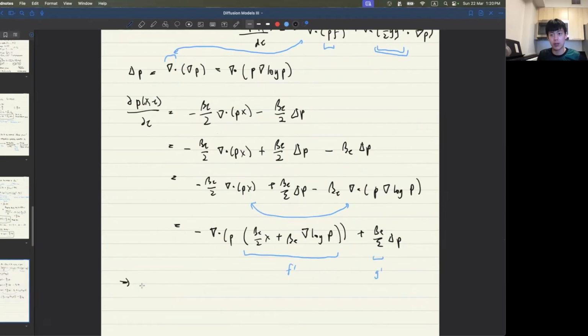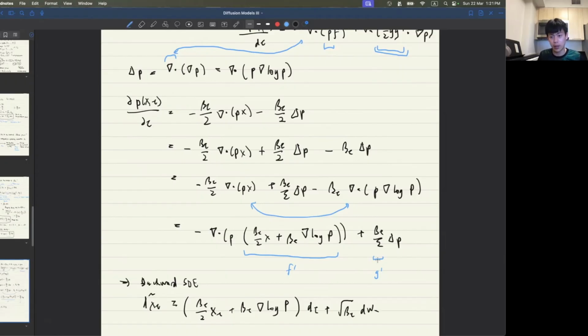And this implies the backward stochastic differential equation as dx_t. Let me write tilde to denote the backward diffusion process. So dx_t tilde is equal to, the f here is this entire term, so this is equal to beta t over 2 x_t plus beta t, the gradient of log p times dt plus square root beta t dw_t.